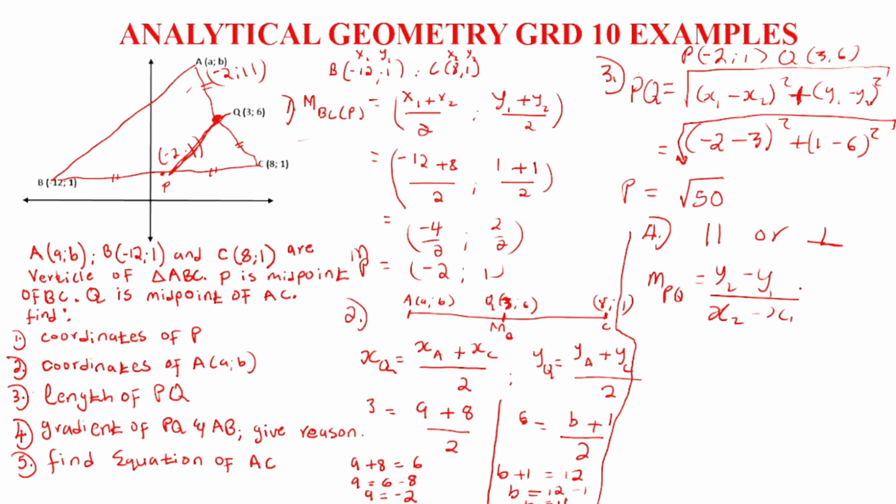Similarly, y2 is 6 minus 1 all over x2, which is 3 minus minus 2. Dealing with a negative, we must put a bracket there.